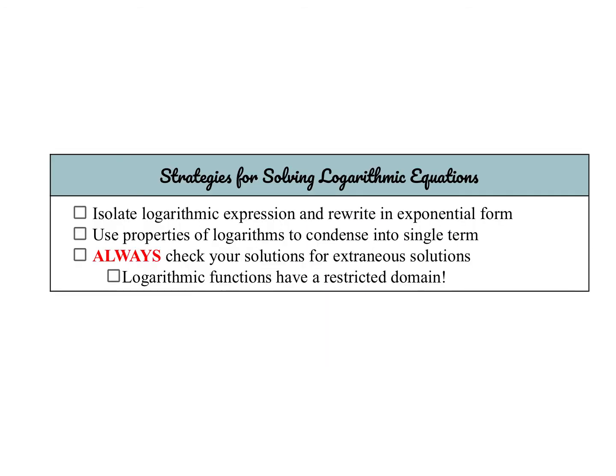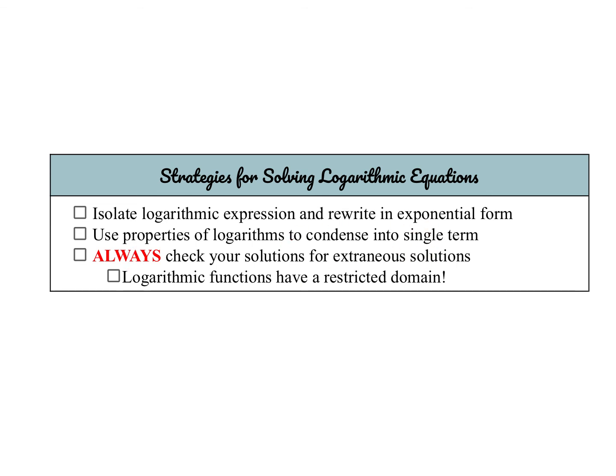All right, now the last thing we're going to review is how to solve a logarithmic equation. So again, a few different strategies. Sometimes you can isolate the logarithmic expression and then just simply rewrite it into exponential form and you can finish solving from there. Sometimes you actually need to use your properties of logarithms to condense two terms into a single term.